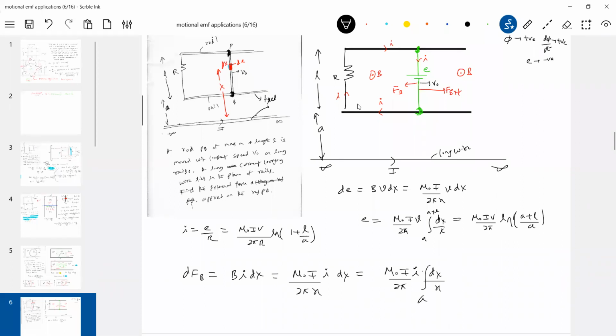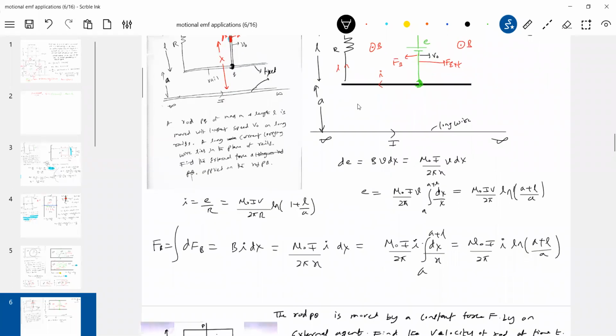Then again it should be from a to a plus L. So mu naught I i by 2 pi times log of (a plus L) by a. Substitute the value of i. That will be the total force acting on it.